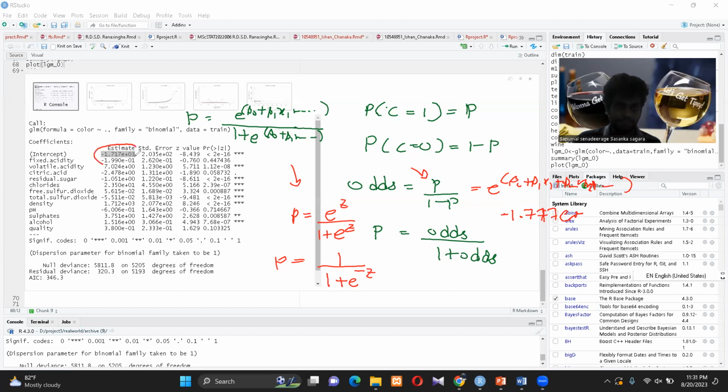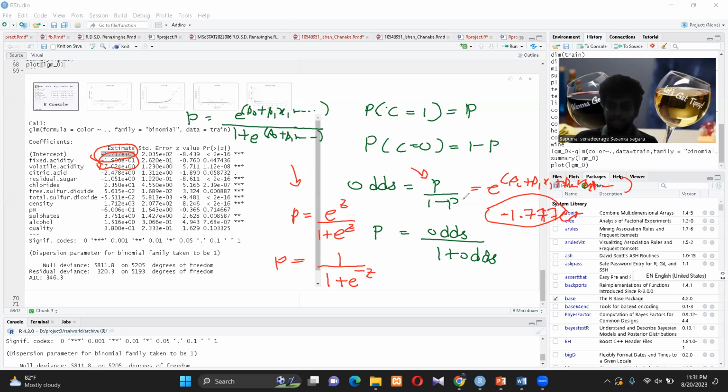This is the intercept, right? It takes beta naught and then the corresponding beta 1 for the fixed acidity, right? Likewise, beta 1 times x1, likewise, you can continue it, right?